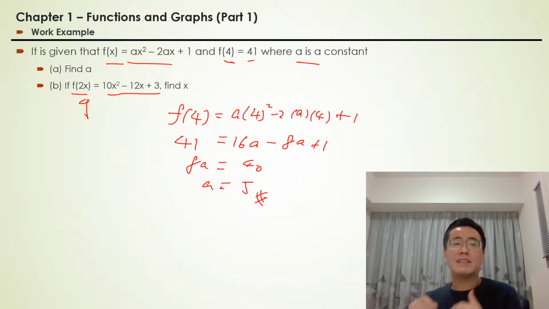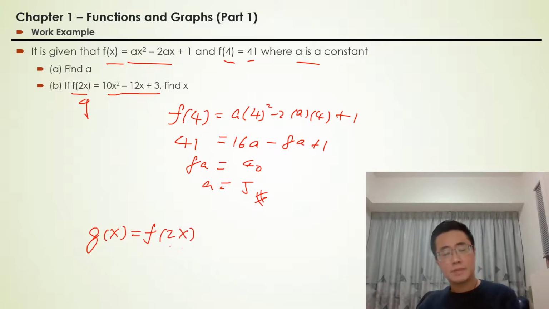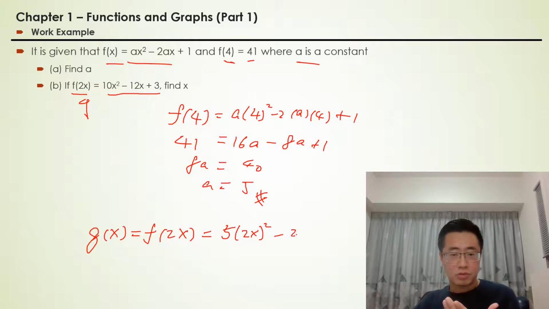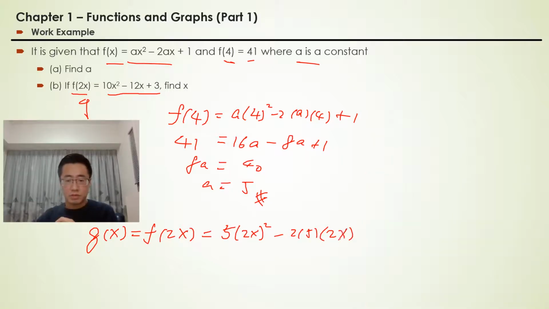We can denote this by a new function called g(x), which is equal to f(2x). Then very simply, you just do the simple math here. Like previously we calculated the value of a, which is 5, so we can put 5 here and 2x here to the power 2, and minus 2 times 5 times 2x, and then plus 1.